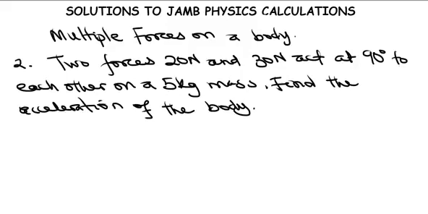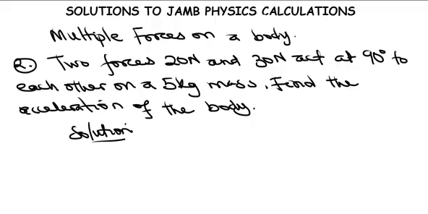And the question, which is question number 2, says two forces, 20 Newton and 30 Newton, act at 90 degrees to each other on a 5 kilogram mass. Find the acceleration of the body. Now, let's see how we are going to solve this.